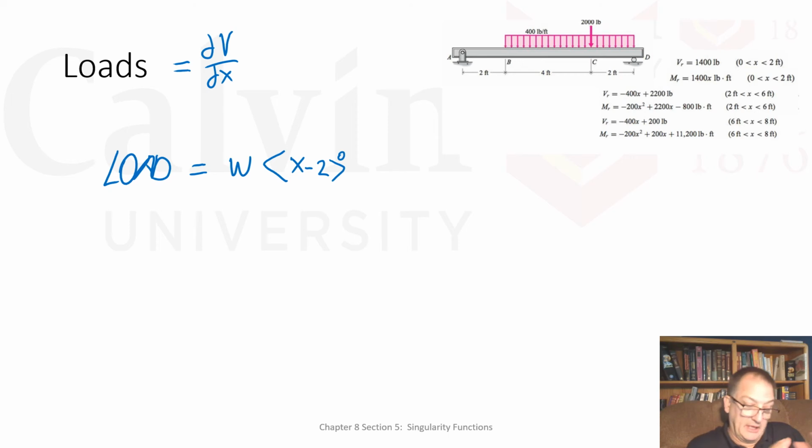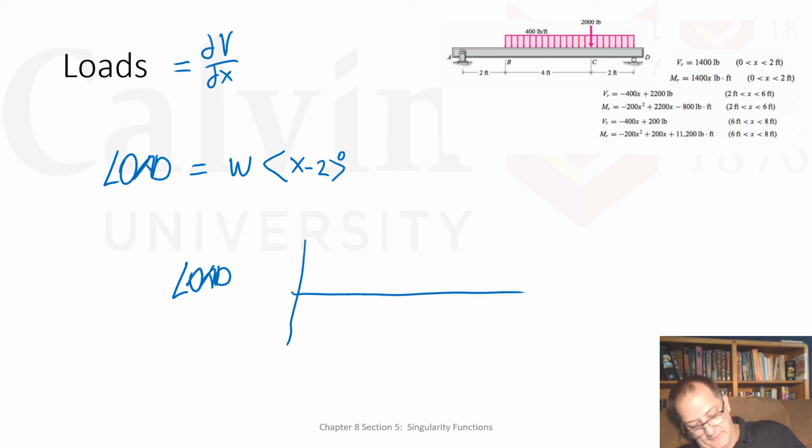And so if you think about that beam, that function, my load equation, if I plotted it, it starts out as long as I'm to the left of 2, it has no value. So that line just goes trucking along at 0. And then at 2, it jumps up to 400.